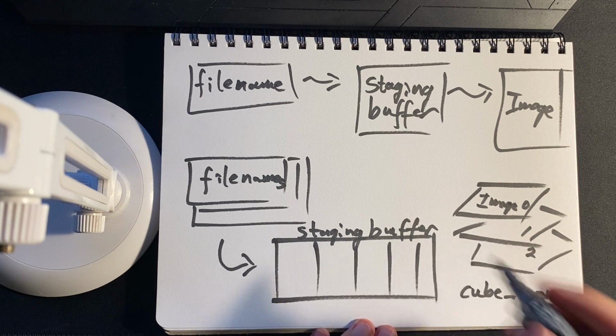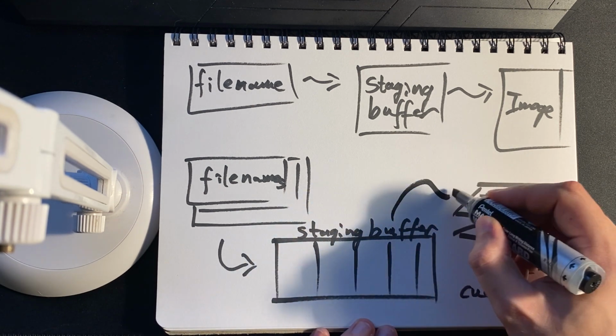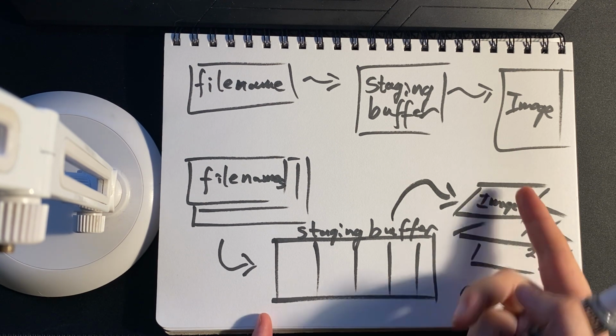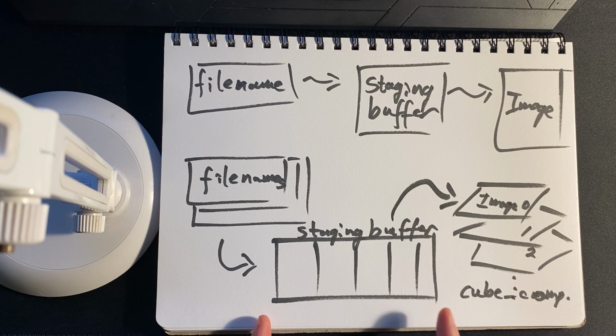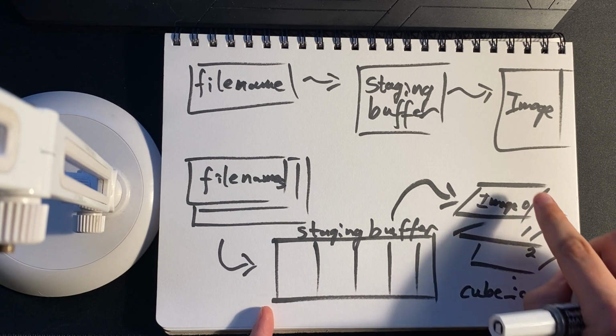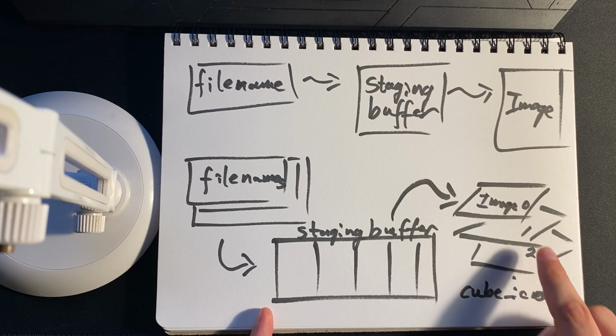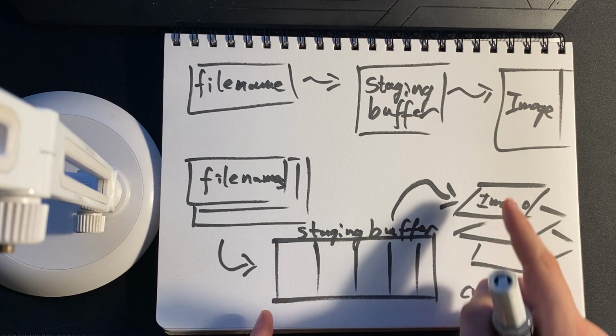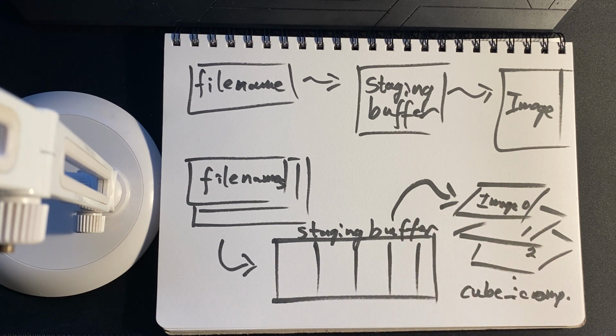And we can actually get away with a single copy operation because in Vulkan, when you specify copying from a buffer to an image, you specify how much of the buffer you're copying, how many layers you're copying to, and you also specify the size in pixels of each layer.